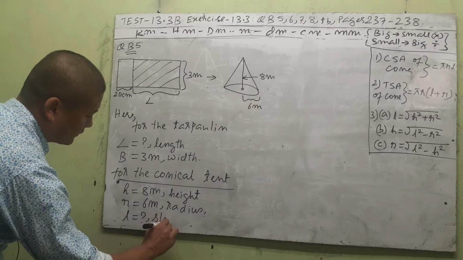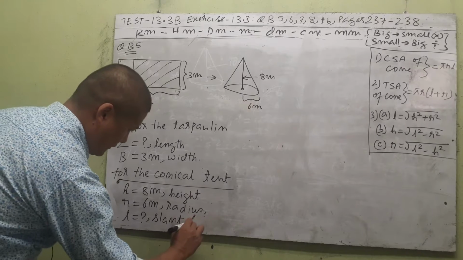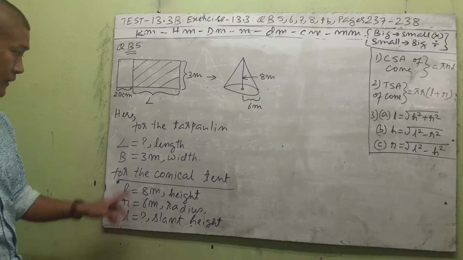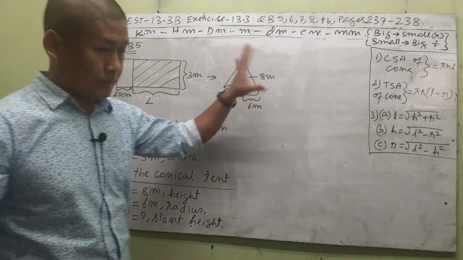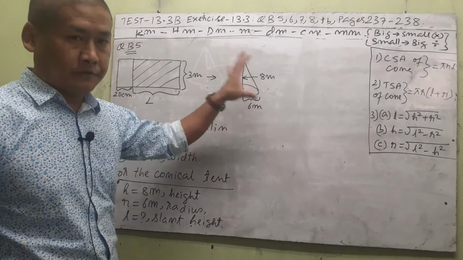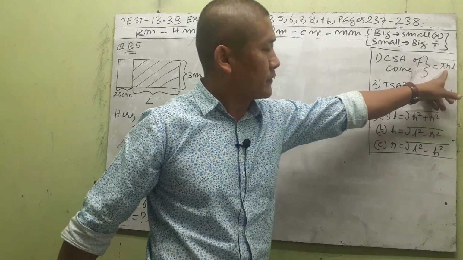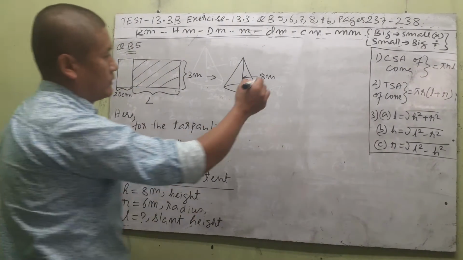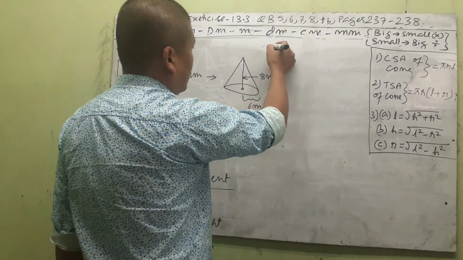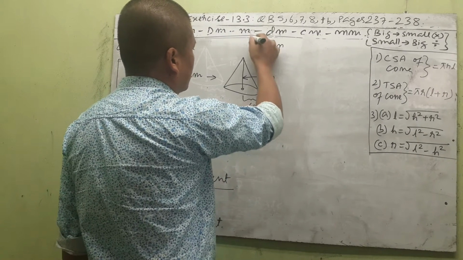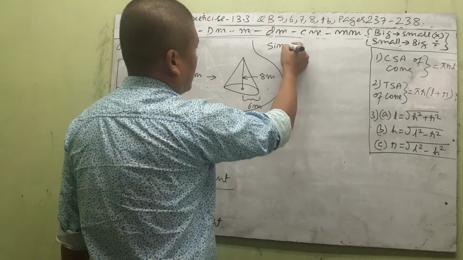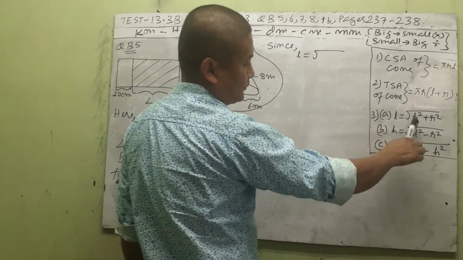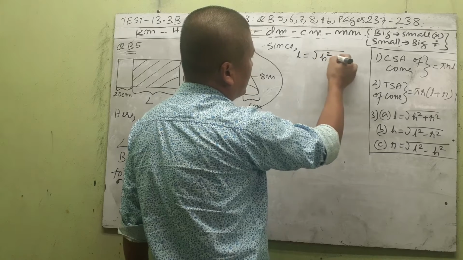We need that one because we realize that the curved surface area will be needed to find the area of tarpaulin, because we're going to put the tarpaulin only on the curved surface. Curved surface formula is pi r L, so we will be needing L. So we can proceed and write here, since formula for L is root over h square plus r square.